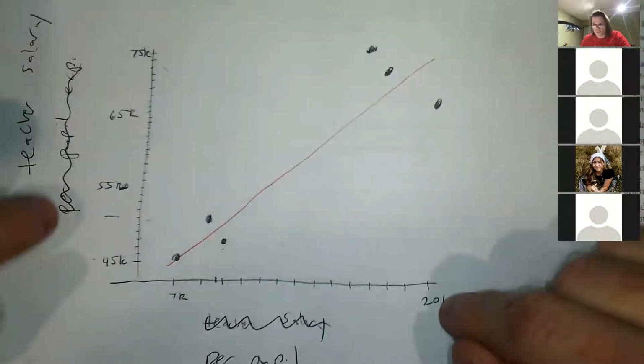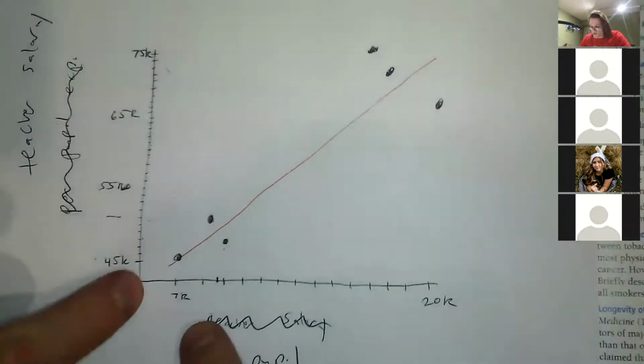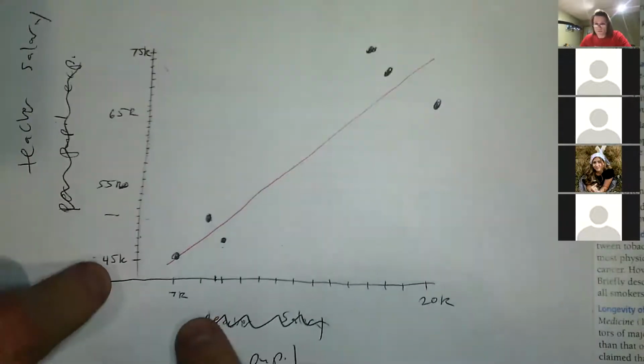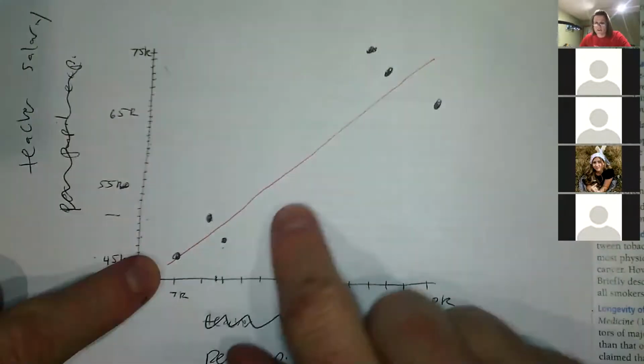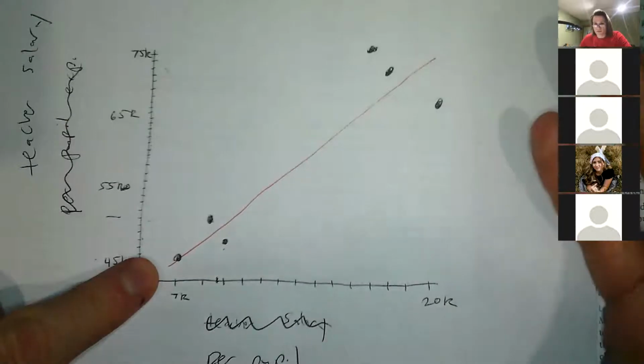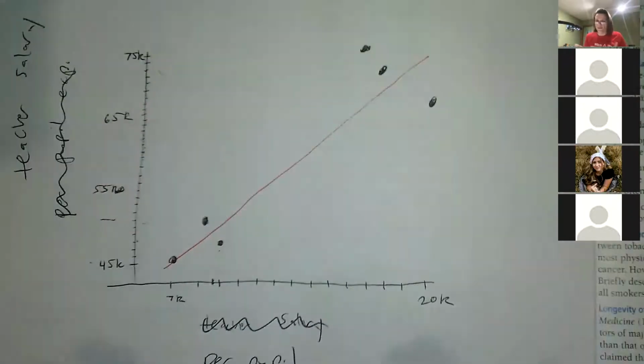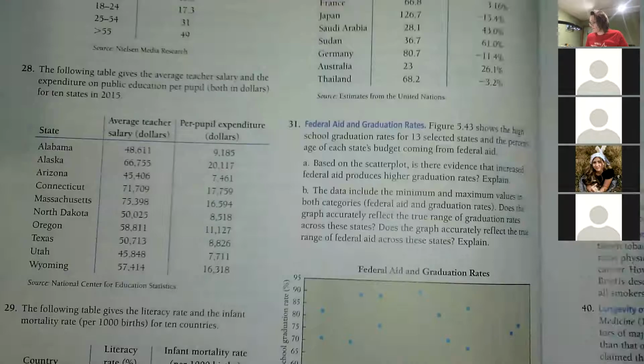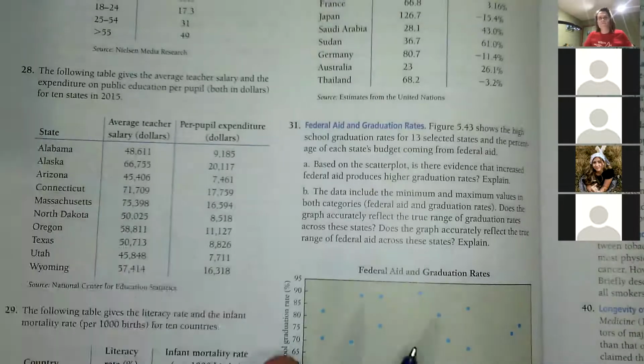Whereas when you have poor districts or less funded districts, you have less money to spend in general. So these two are probably linked just as a function of the fact that they come from the same budget. That's all. There's not necessarily a relationship between the two. All right, let's do one more.